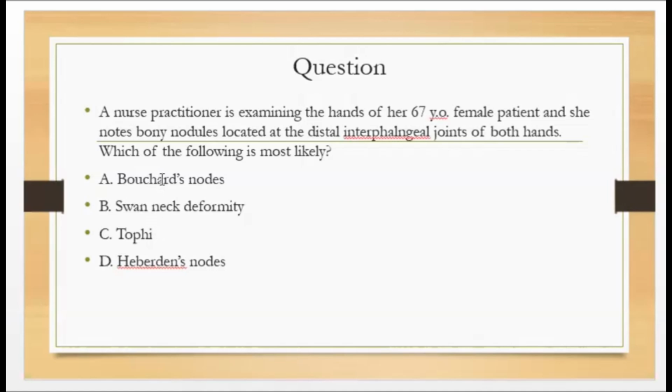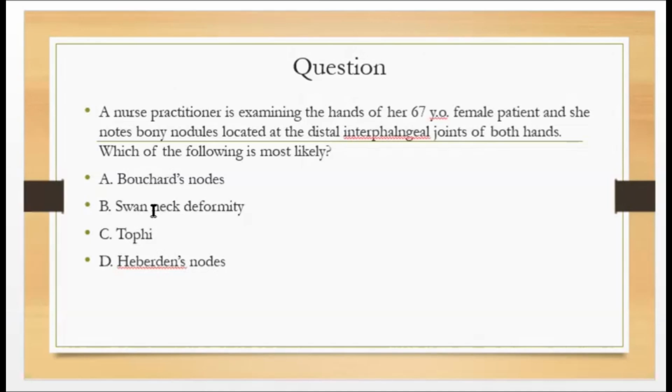But Bouchard's nodes are proximal, PIP. Heberden's is DIP, distal, because that is how they can ask you the question. They can tell you about Heberden's, and you need to know that Heberden's is the DIP, the distal interphalangeal joint, okay? And they can ask you about PIP. PIP is proximal, and proximal is Bouchard's nodes, okay?